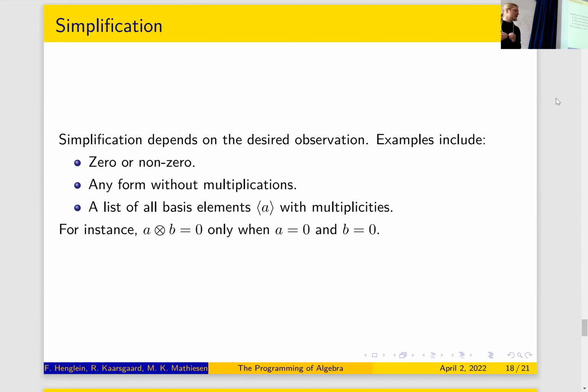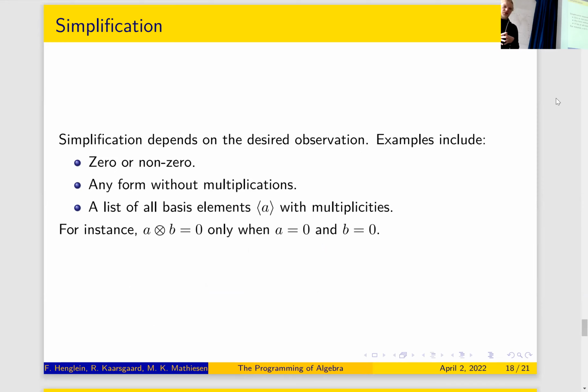Okay, so that was the Rosetta Stone. Finally, I want to talk a bit about how to evaluate, or I call this simplify. So the question is what do we actually mean in this case?